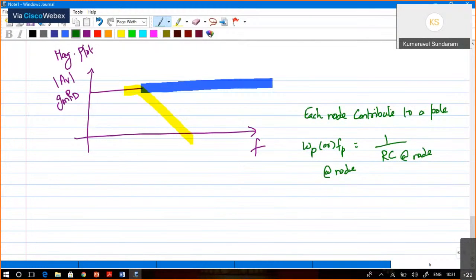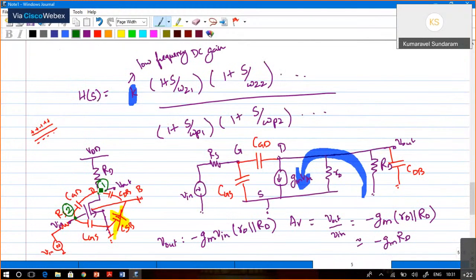So coming back to the diagram, here you have got two nodes, omega P1 and omega P2. So what is the resistance and capacitance at each node to identify? Here this is 1, this is 2.